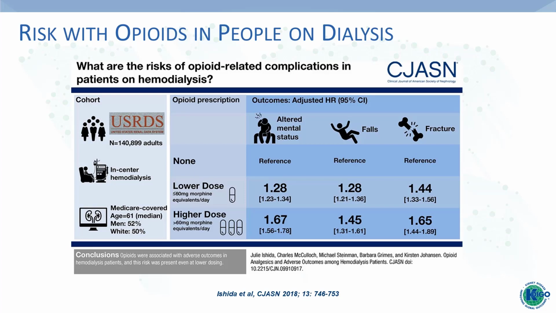The question that has never been formally tested, at least in people on dialysis, but it has been tested in the general population, is we have all of these risks, but do they even work? Do they even relieve the pain that people are getting the opioids for? And the short answer to that is not very much.